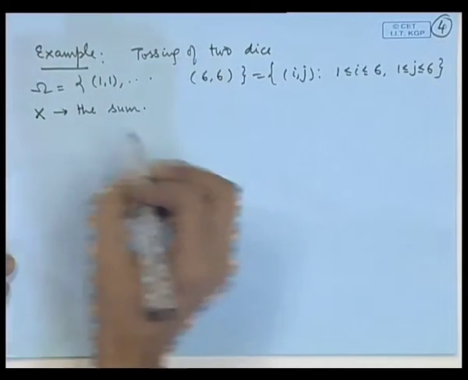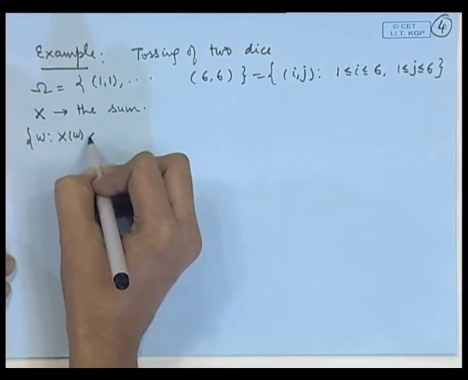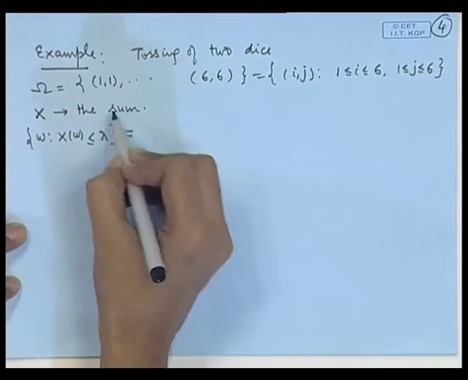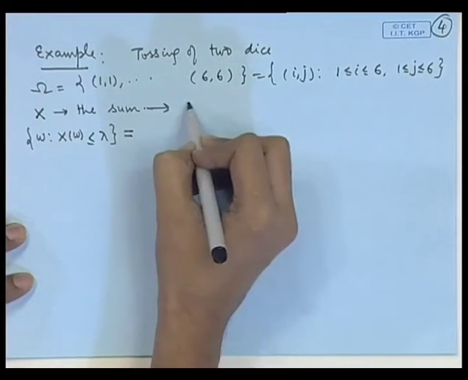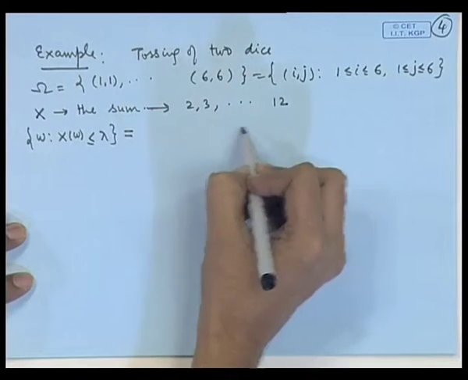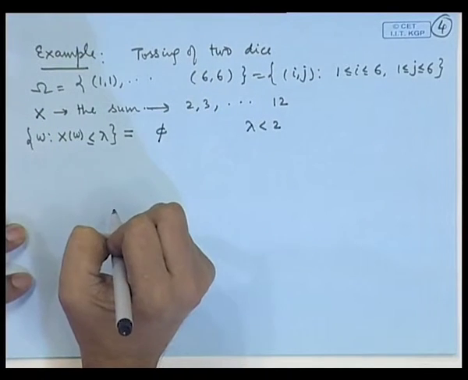and we want to write down the set of omega, say X omega less than or equal to lambda. This sum will vary from 2 to 12. If lambda is less than 2, then this set is going to be phi.